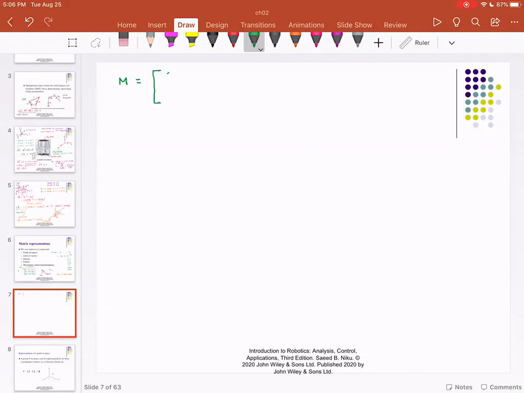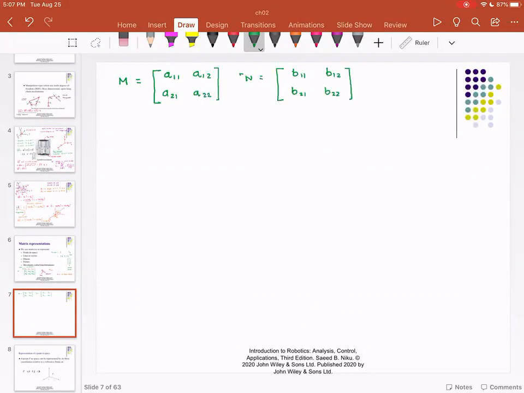So I have A11, A12, A21, A22. And you have another matrix which is N, and I'm going to call its elements B11, B12, B21, B22.